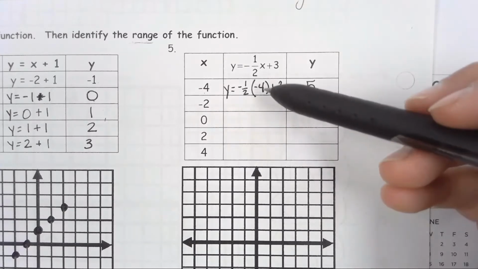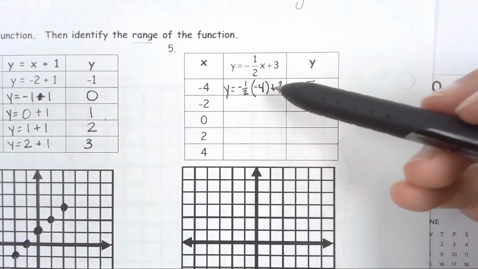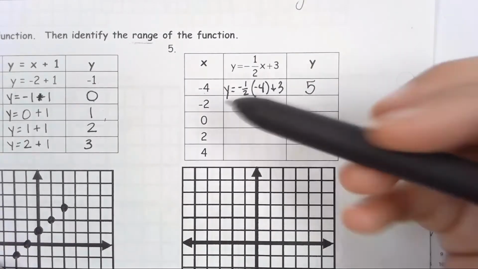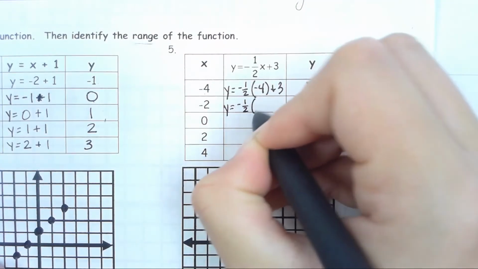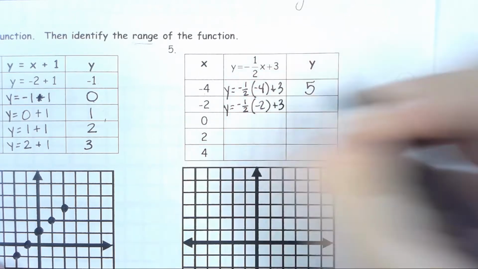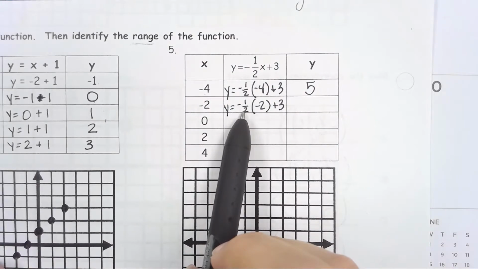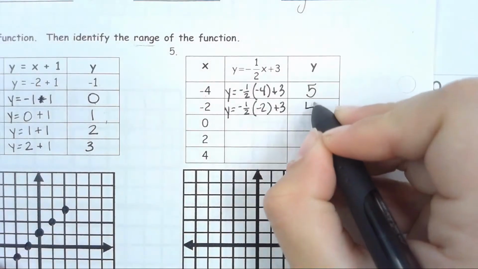So again, I know my video paused, so -1/2 times -4 is a +2, and then +2 plus 3 is 5. Next one, so now we're plugging in -2 for x. So -1/2 times -2 is 1, plus 3 would give us a +4.